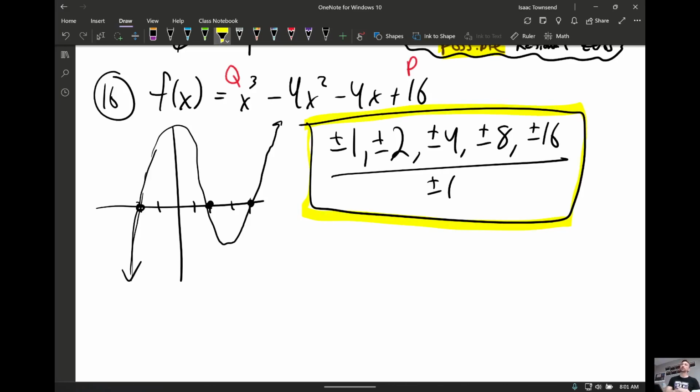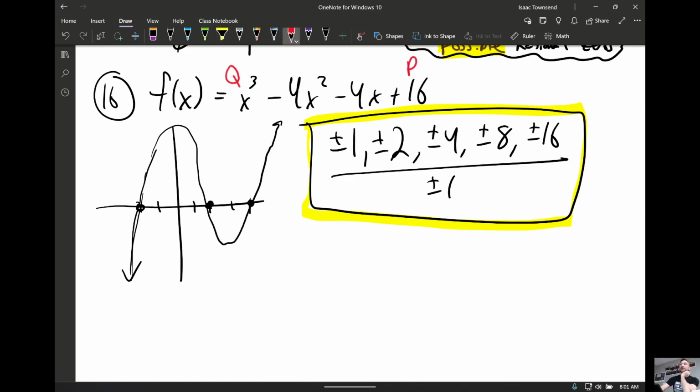Those are the rational numbers that might be zeros for this function. Just like I said in the last one, 3 is not in this list, so there's no chance that 3 is a 0. 7's not in this list, there's no chance that 7 is a 0. Obviously these are not the real zeros because it only has 3 zeros and there's like 10 different things there.